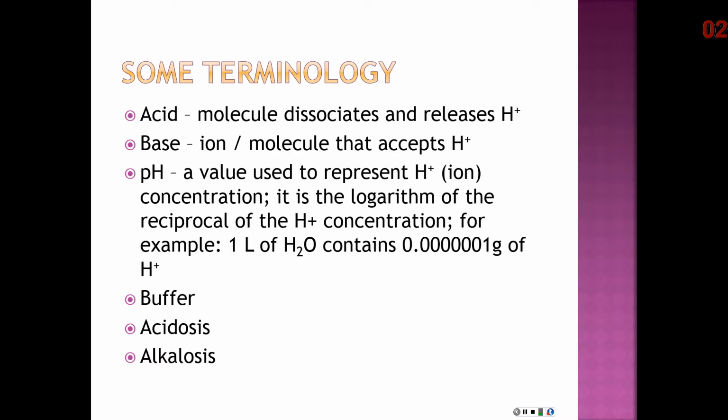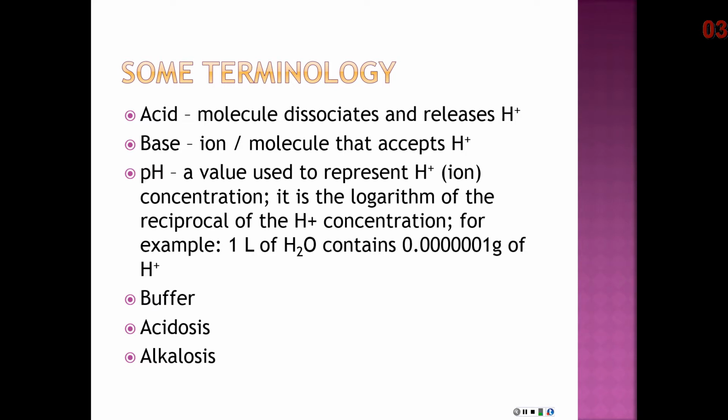7.35 to 7.45 is more basic than it is acidic. But in terms of whether we're going into these disorders that are either acidotic or alkalotic, as soon as you drop below 7.35, below our normal range, we are moving into an acidotic state. Even though the pH is still above 7.0 from a purely scientific standpoint, from a clinical or physiological standpoint, anything below 7.35 is what we would consider acidic for the human body.